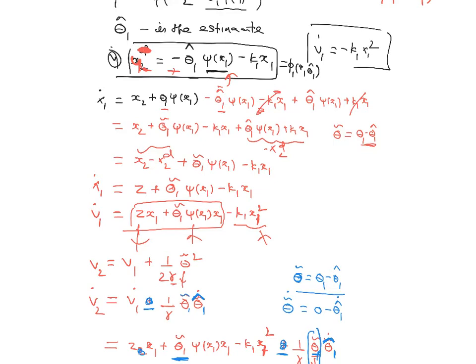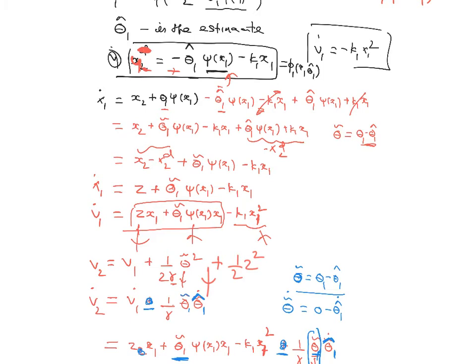There are two approaches. What I wanted to hint here was you can make this V2 dot go negative definite in one shot or two shots. This approach is two shots, and then you will need two estimates of the same parameter. If you go in one shot, like I also had half z square in the same V2, then you can have one estimate of the parameter. It's how you want to approach the problem.